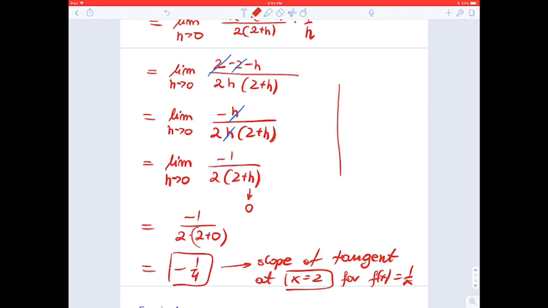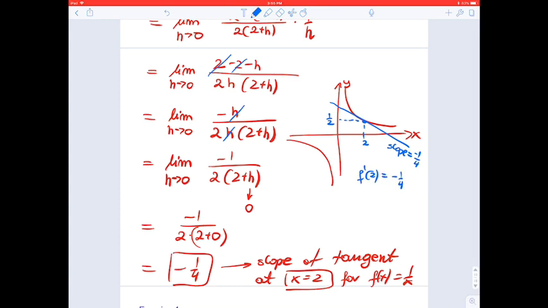I can also draw this situation for you just in case. 1 over x looks like that, and the point 2 is somewhere here. The value is 1/2, and the slope, of course, is negative 1/4. The value of the derivative at 2 is the same thing. We know that's the derivative, the slope.